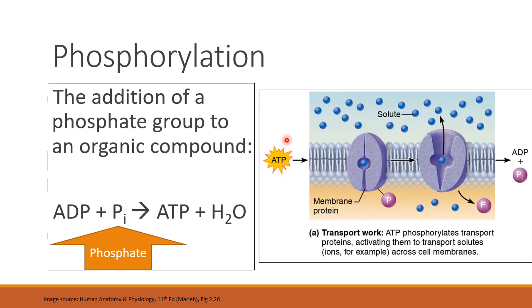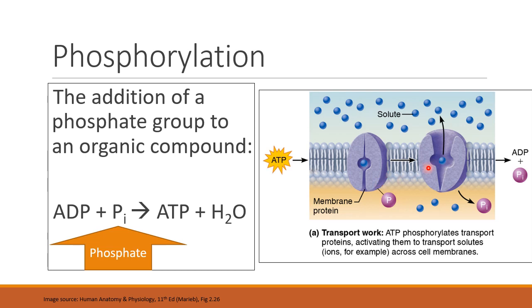The point of this diagram is to say that ATP is used in this process. And in order for that to work, what ATP does is it'll take that phosphate, that Pi, and attach it to this membrane protein. It'll phosphorylate this membrane protein.